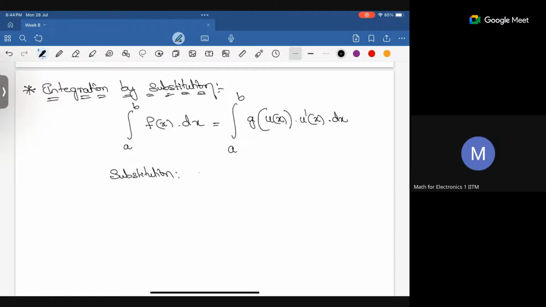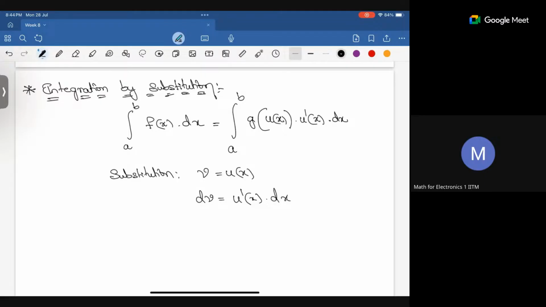So I will bring in our new variable v as u of x. So by bringing this v as u of x, what happens is if I take the derivative of v, it will be u prime of x dx. This is dv, right?